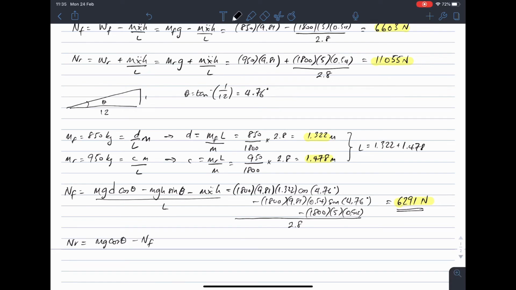So we've got 1,800 times 9.81 cosine 4.76. So that's the total normal load, and we subtract 6291 from it, and we get 11,306 newtons.